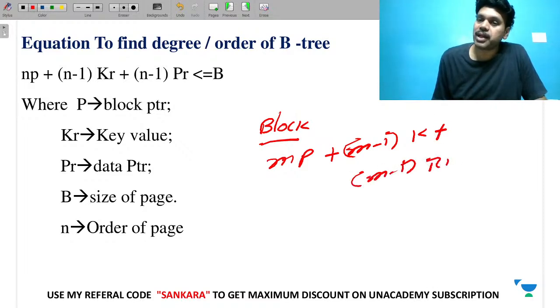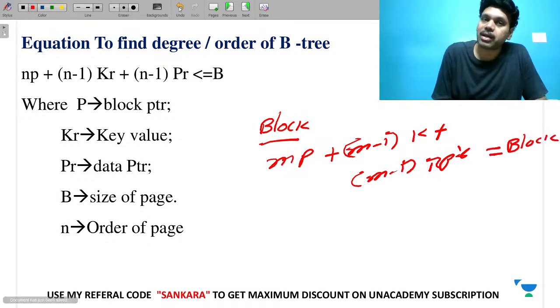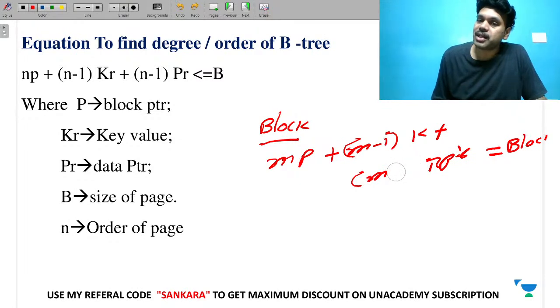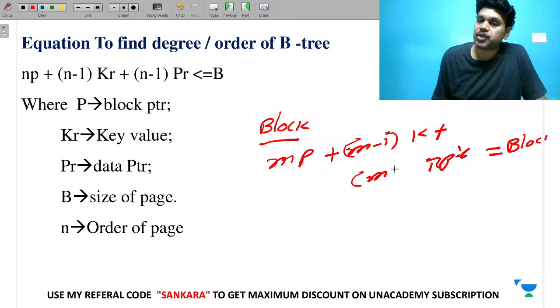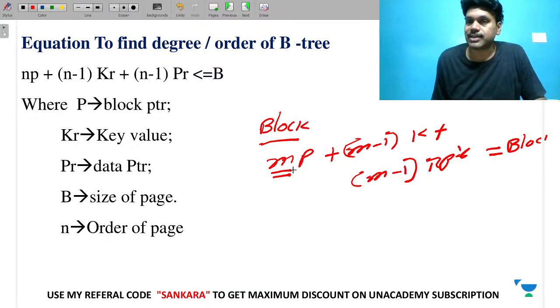So you need to maintain them in a single block. Because of this there is much overhead. I cannot maintain a large degree. So if you want a larger degree, you are supposed to use the concept of a B plus tree. Therefore, my dear friends, how are you going to calculate the degree? I will show you in this example.